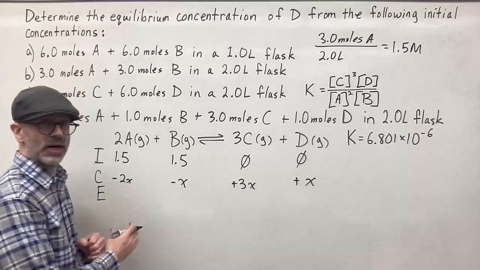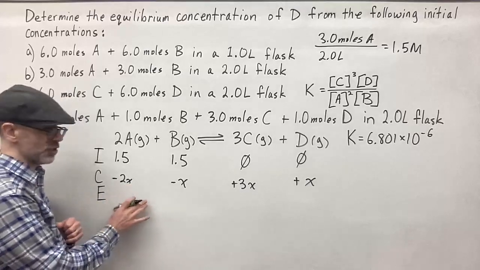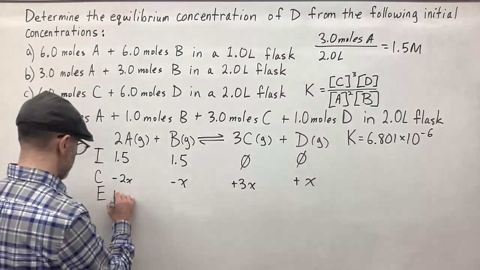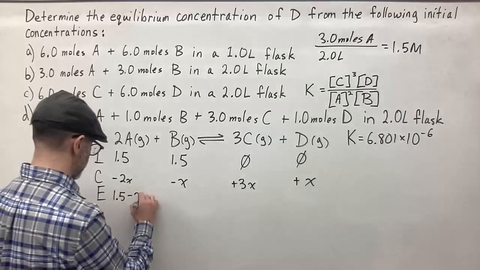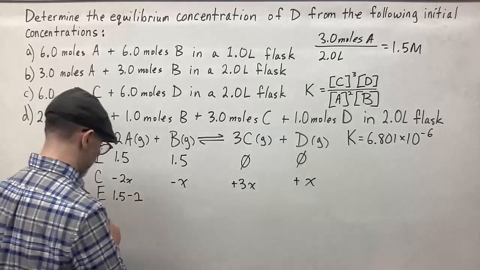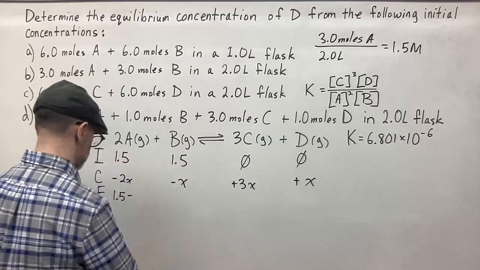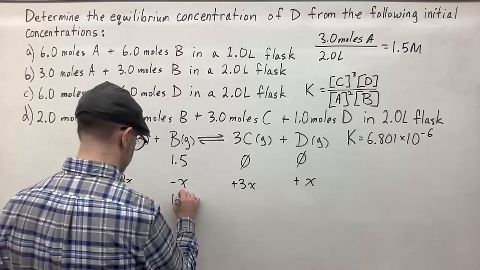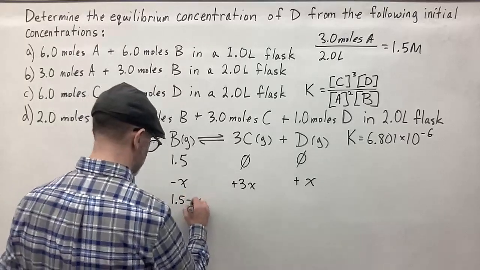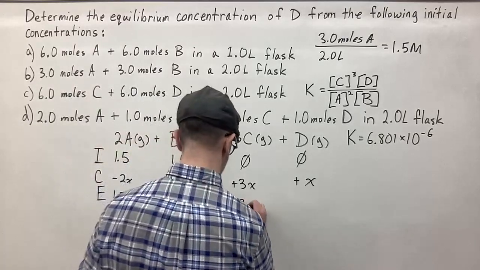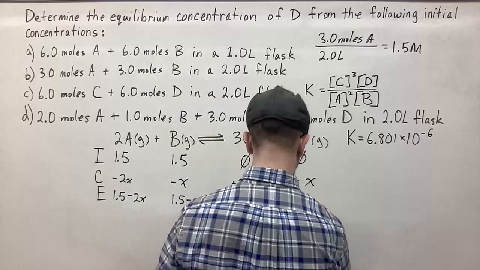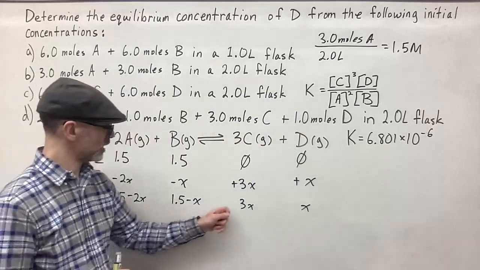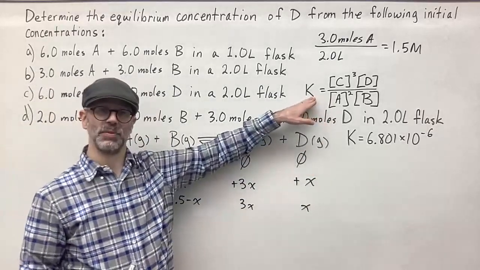And so again, we're going to get our equilibrium concentration expressions in terms of x. So we got 1.5 minus 2x. Here we have 1.5 minus x. Here we have 3x again. Here we have x.